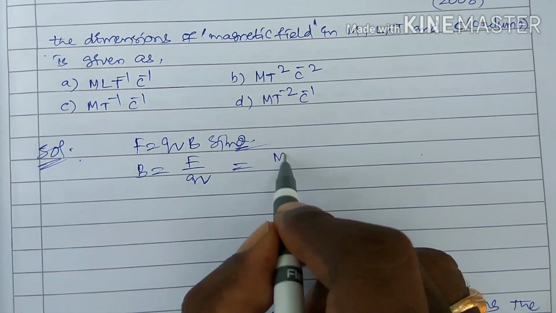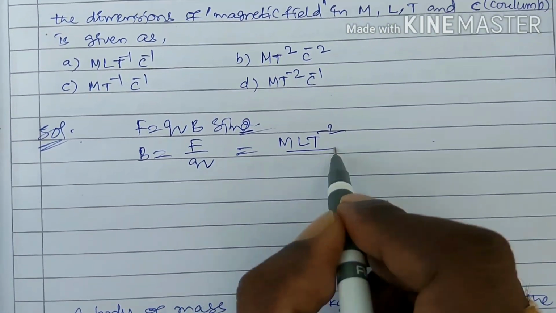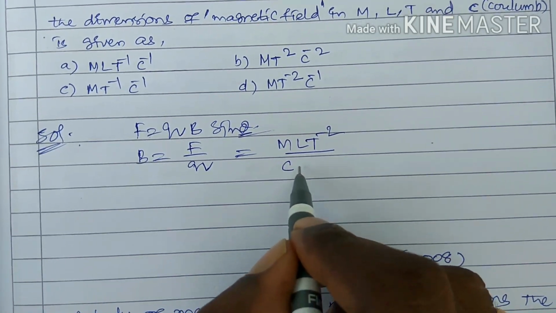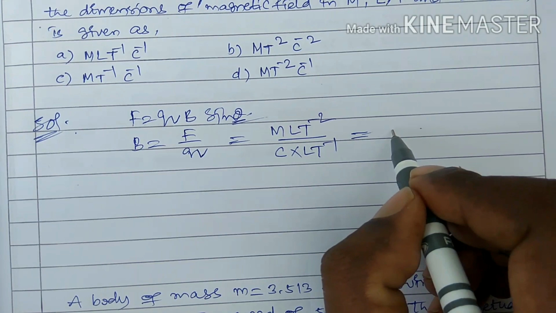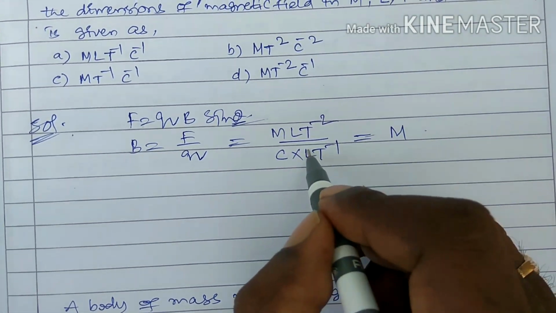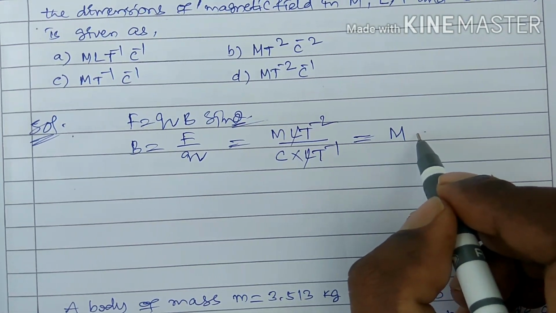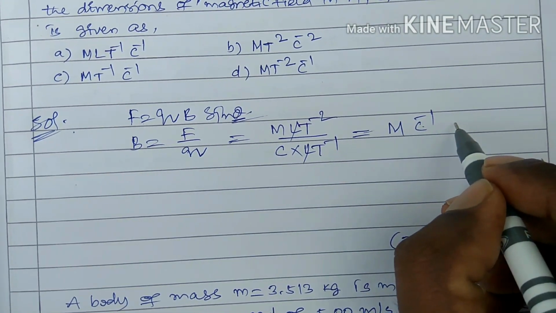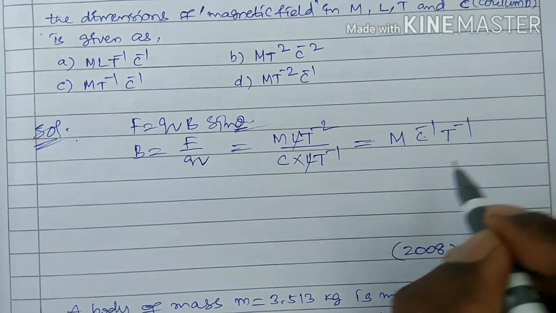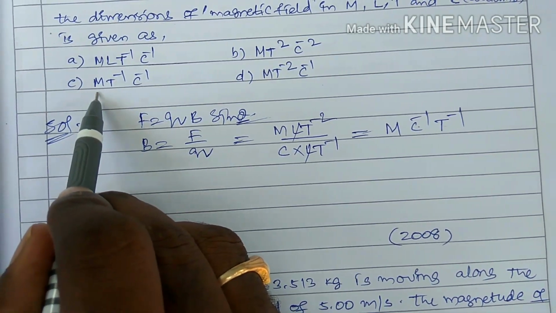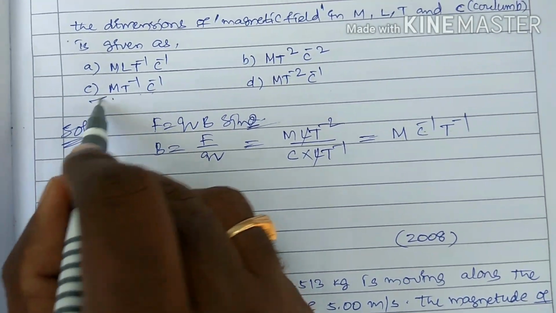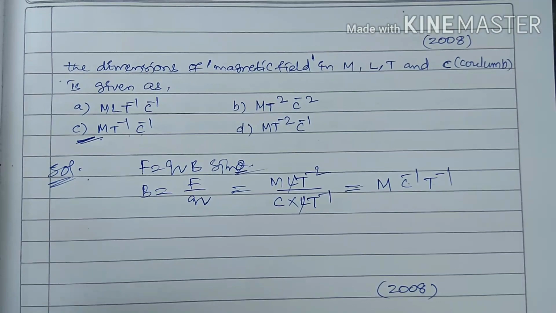F is MLT^-2, divided by Q for Coulomb and V for LT^-1. So L will be cancelled out, and it is M C^-1 T^-1. So this is the option M, C^-1, T^-1. So option C is the right answer.